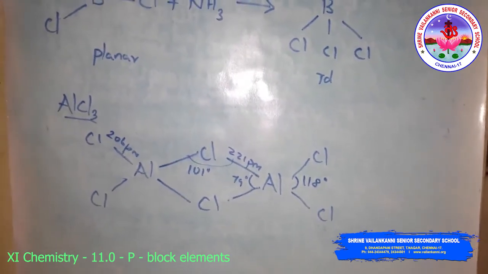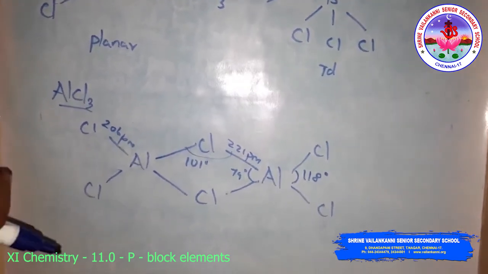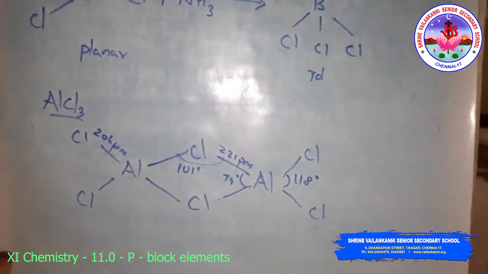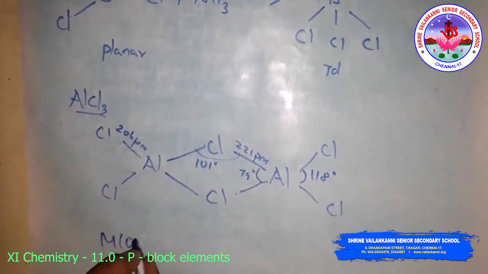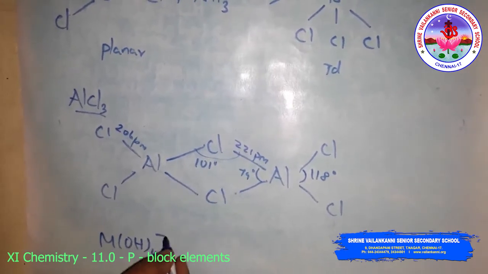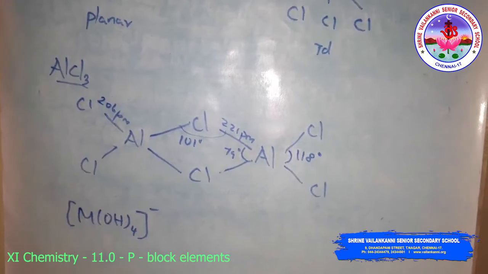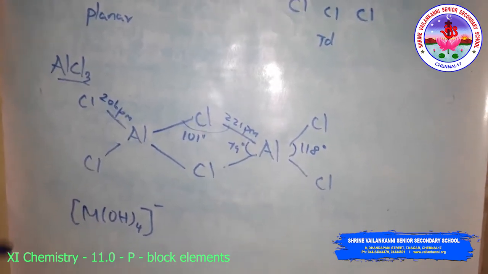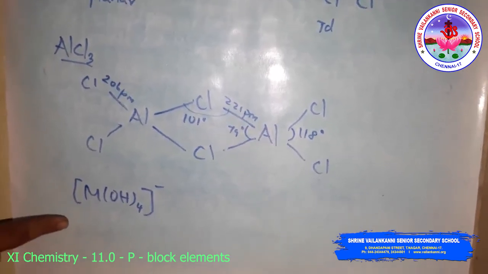In the trivalent state, most of the compounds, being covalent, are hydrolyzed in water. For example, the trichlorides on hydrolysis in water form tetrahedral species like [M(OH)4]⁻. In this species the element metal is in the sp3 hybridization state.